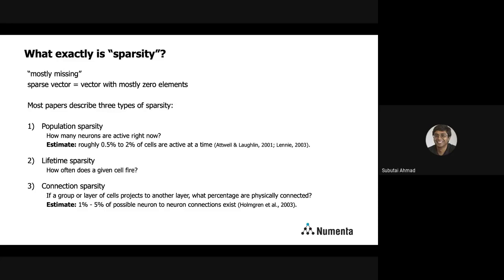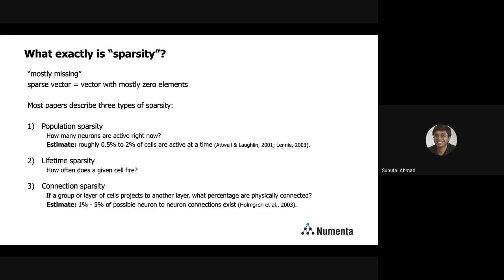It turns out this is also extremely sparse in the neocortex. The best estimate is somewhere around 1 to 5% of possible neuron-to-neuron connections exist, between layers that are directly projecting to one another. This is also much sparser than most deep learning systems, where you typically have 100% connectivity between layers.